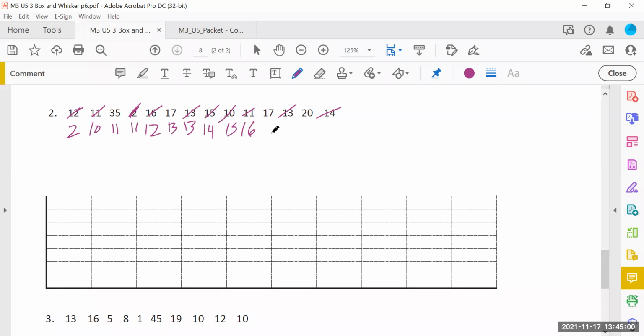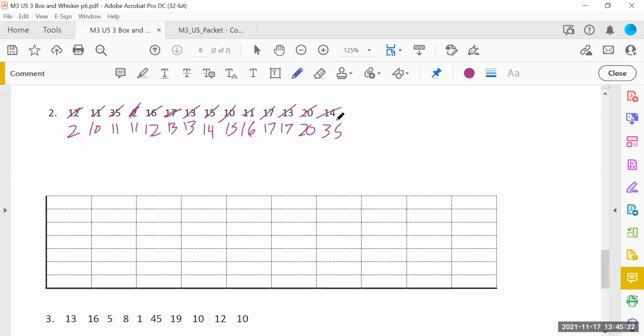A 17, two 17s. No 18s. Got a 20 and a 35. All right, so there's my data set. It's all in order now.